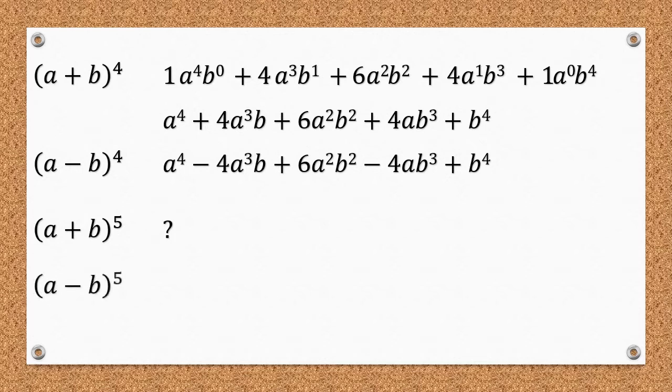And once you are done with that, find a minus b raised to 5. The first term will be positive, then negative, positive, negative, positive, negative, positive. Get it done. I think you guys can do it here. Okay, all the best. And once you are done after writing down these answers, move towards the next slide.